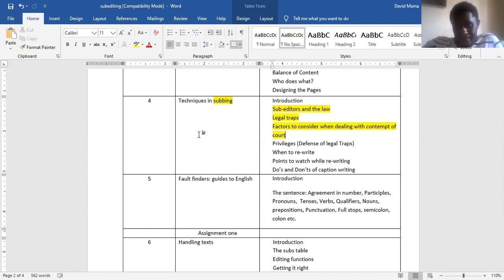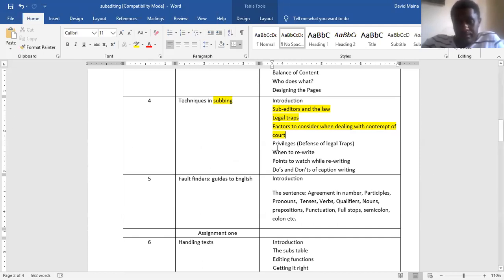Another contempt of court is when, for example, you take information from a court proceeding that is going on, and you write it in the newspaper and conclude on the matter, and yet the court has not yet concluded on the matter. Then you are interfering with that proceeding, and that is called contempt of court.